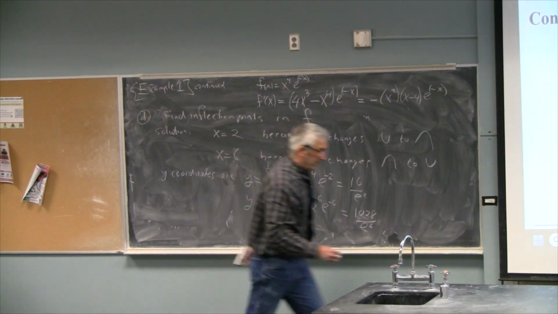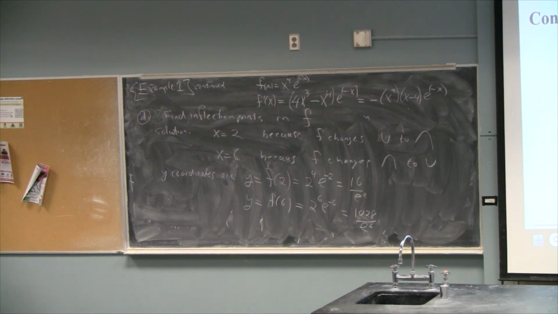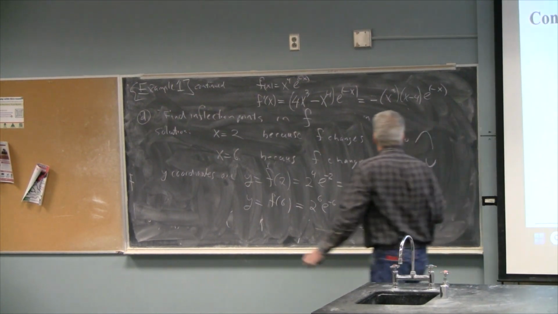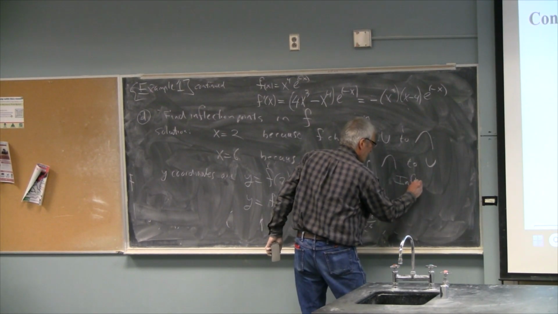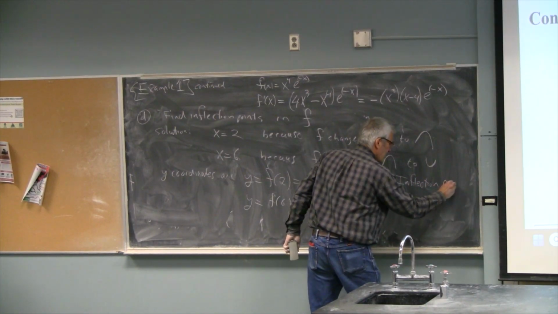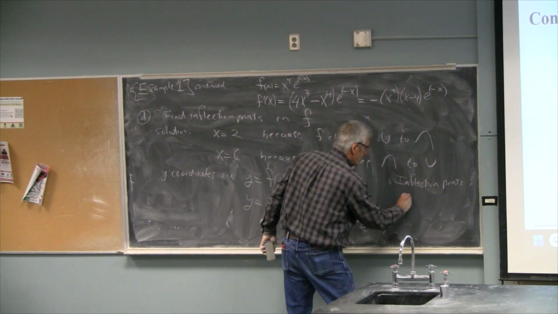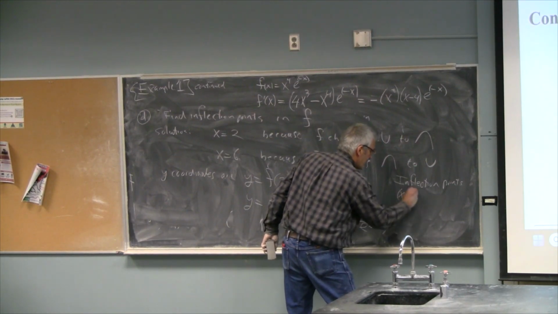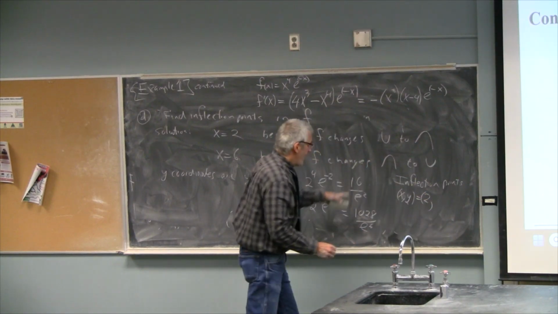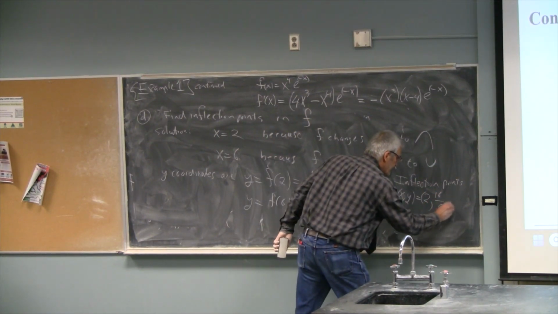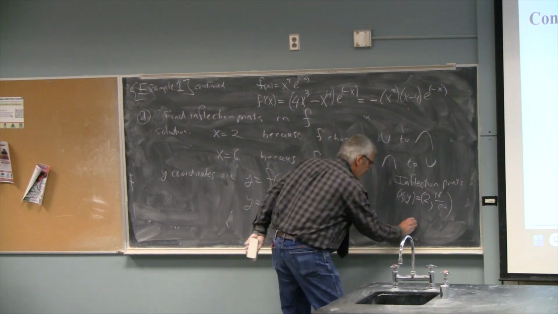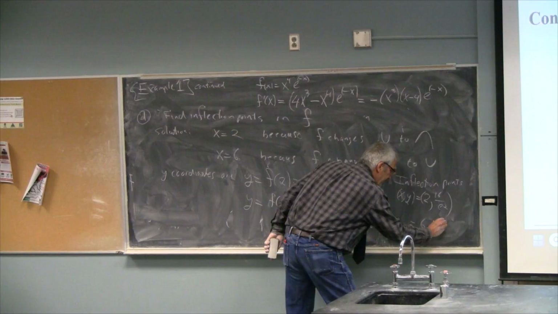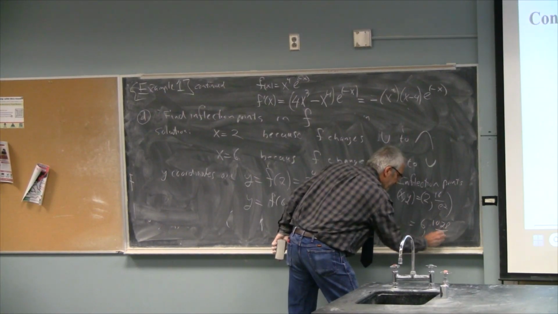So my inflection points are at x equals 2, so the point 2 comma that y value, 16 over e squared, and the point 6 comma that y value, 1296 over e to the 6th.